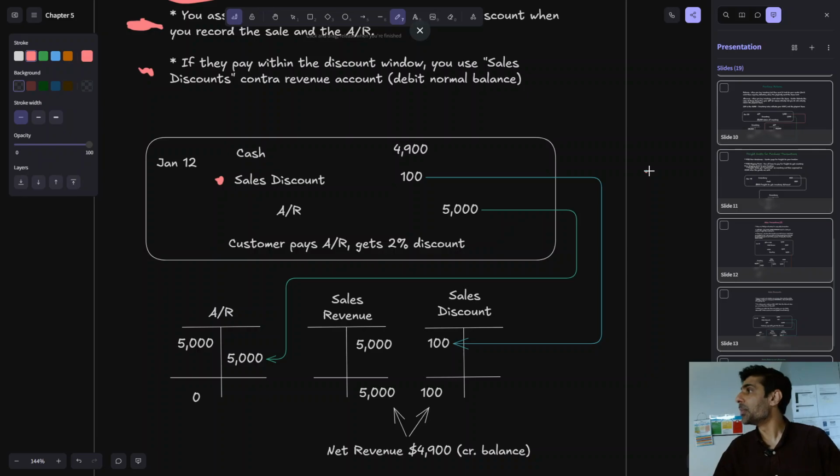It's a debit, because revenue is credit normal. Since sales discount is a contra revenue account, it's debit normal, the opposite of its buddy account. So you can see there's a debit here. We could have hypothetically just done this.